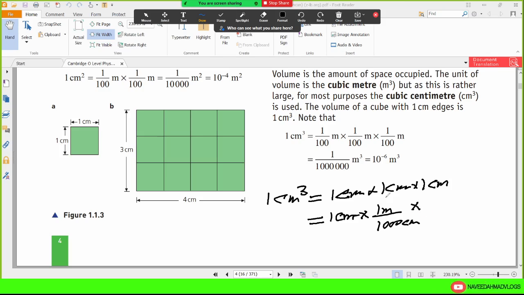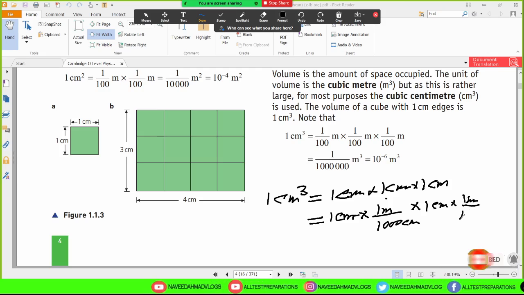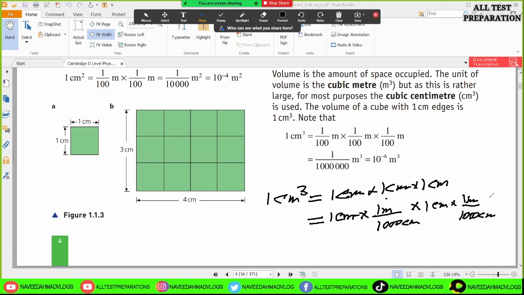Same for the second one, you will write 1 meter over 1000 centimeter. Same you will do for the third centimeter.